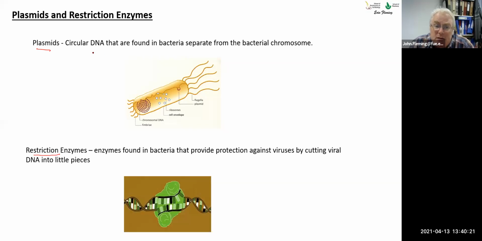So plasmids are circular DNA that are found in bacteria. Here we have the chromosomal DNA for the bacteria, and out in the cytoplasm we have this circular double-stranded DNA. They have evolved over millennia in bacteria, and very often they confer an ability on the bacteria to express some extra proteins that are not present in the bacterial genome.